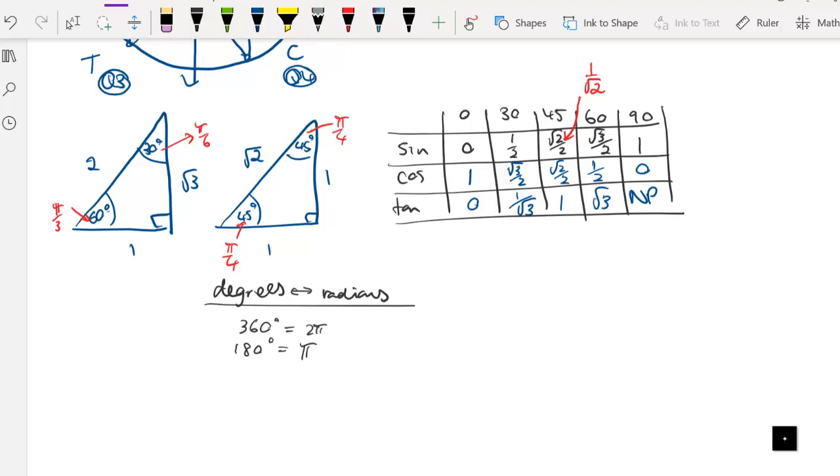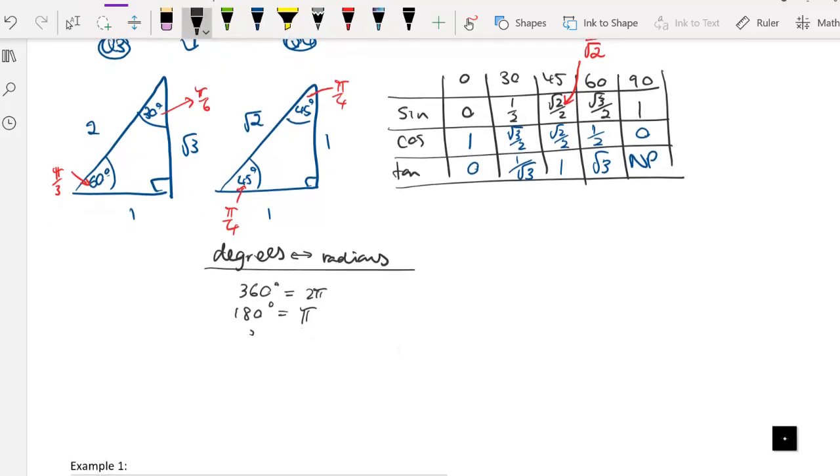We don't have to draw the little c if we're using pi. 90 is pi on 2, 60 is pi on 3, 30 is pi on 6, and then finally 45 is pi on 4.